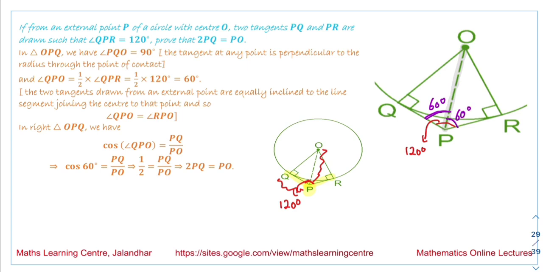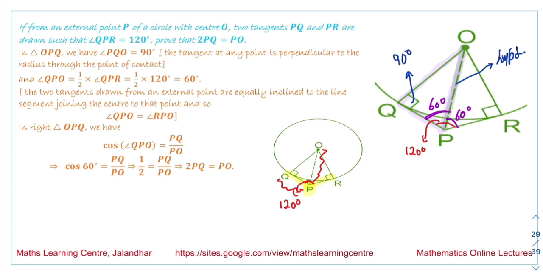Both these angles are of measure 60 degrees. Now consider this triangle OQP. In this triangle, this is an angle of 90 degrees, this is 60 degrees, so it means this is the hypotenuse.